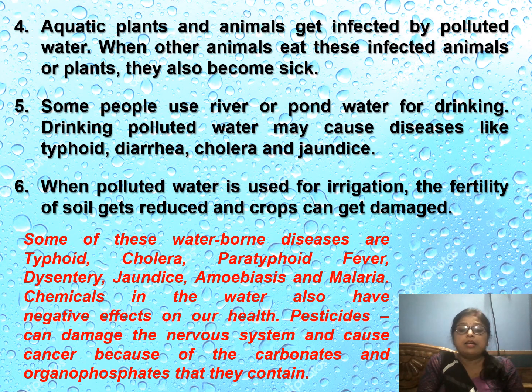These all are the diseases which can be caused by taking polluted water. When polluted water is used for agriculture, there is a loss of fertility, and they reduce the crops, and crops get damaged due to the polluted water.